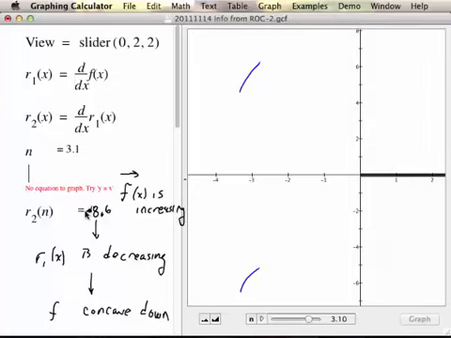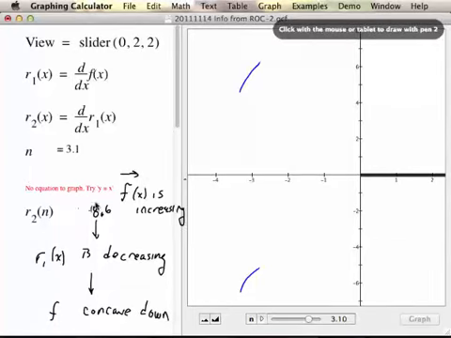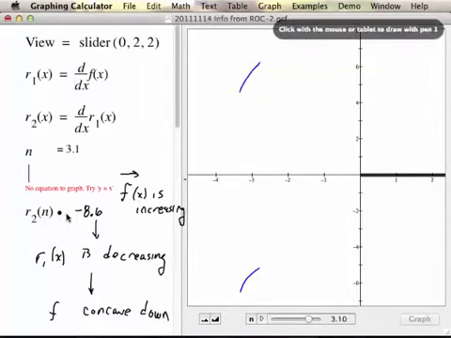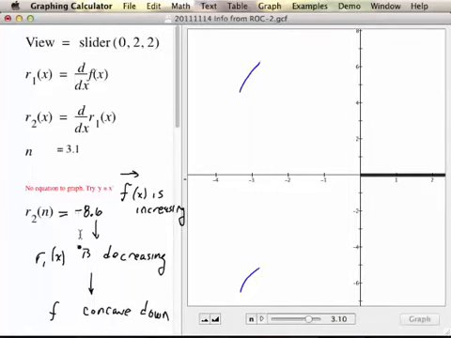Okay, so here we are at 3.1. Oh, that's really bad. At positive 3.1, R2 of 3.1 is negative 8.6.